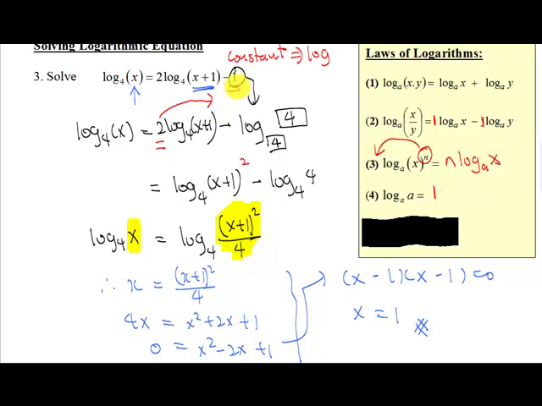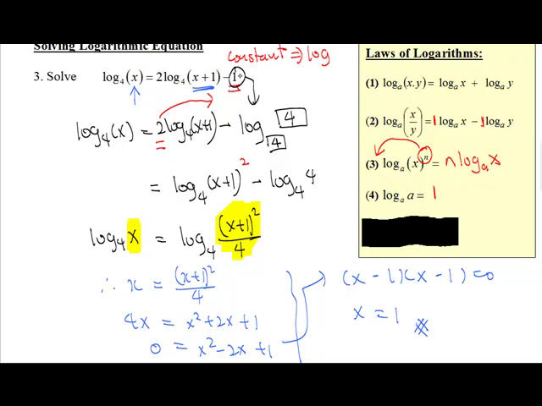Again, in this question, we have a constant in the logarithmic equation. We have to change this constant to a log expression, so that we can combine the log expressions into a single log. That's why whenever you encounter a constant, you have to apply this property to change the constant into a logarithmic expression.